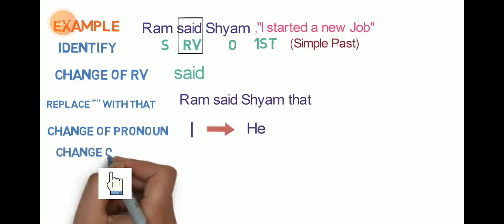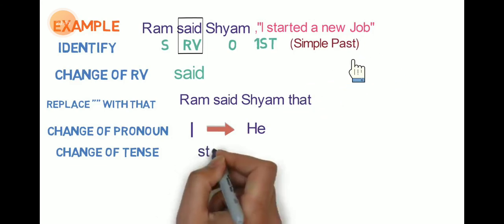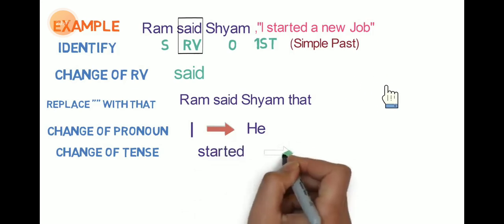Then comes another step. What is it? Change of tense. So here "started" is a simple past. So we have to change it into which one? Yes, tell me quickly, which one? Is it past continuous, or past perfect, or past perfect continuous?